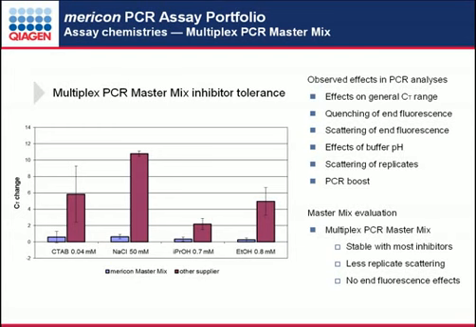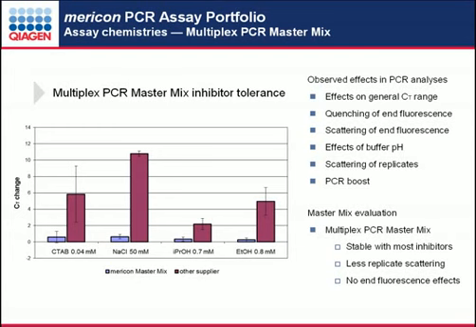We looked for the effects on the general CT range, the quenching of the fluorescence, scattering of the fluorescence, because of course all of these PCRs use a fluorescent probe at the end, and if anything interferes with the fluorescence of that probe, then you can have off effects. Buffer pH can be important. The replicates can scatter because of the presence of inhibitors, and then it can also boost the PCR effects. So we evaluated the various master mixes and came up with the fact that our multiplex PCR master mix was the one that performed the best with the most inhibitors.